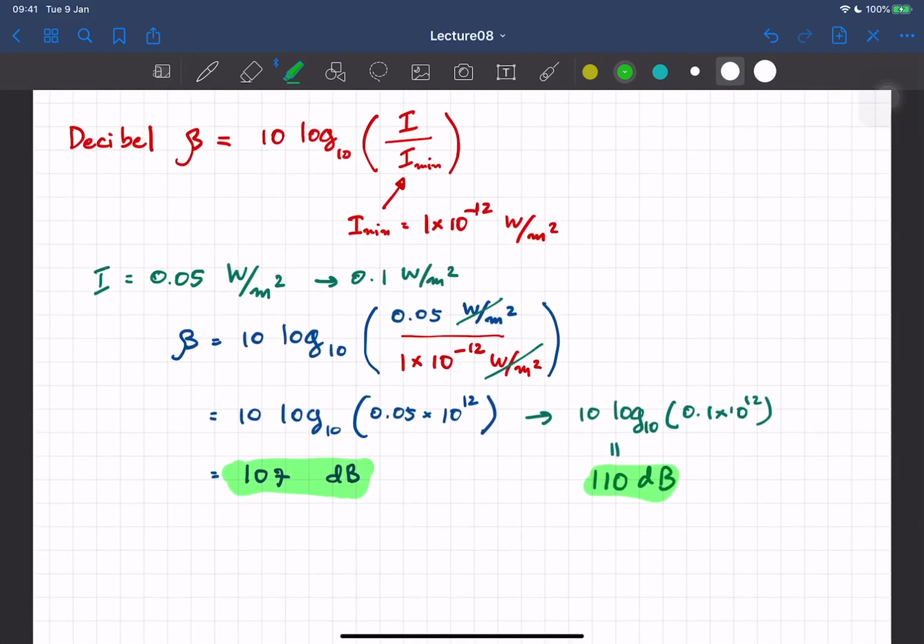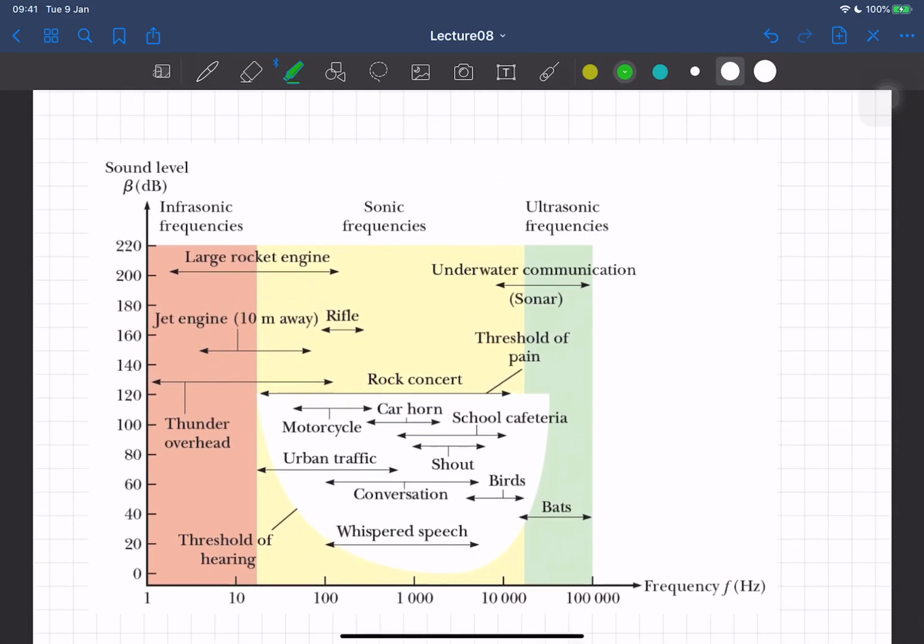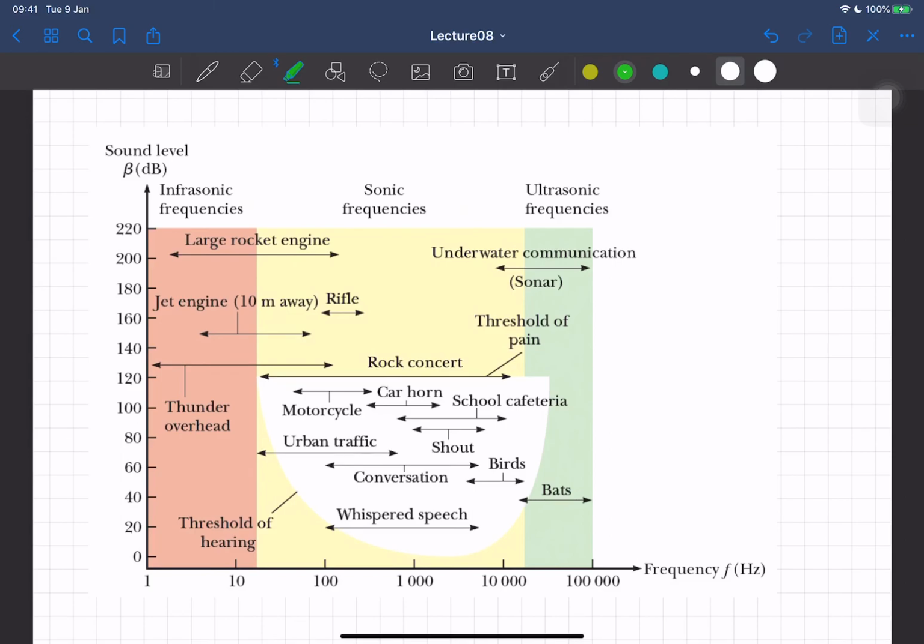Anyway, now we can describe the loudness using this decibel level. So let's look at this chart, which is quite interesting. To give you an idea of how different decibel levels correspond to the things that you are used to, we have the sound level in dB, and horizontal is the frequency of sound, because how you hear the sound also depends on the frequency.